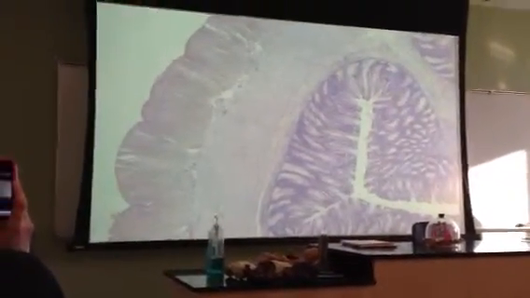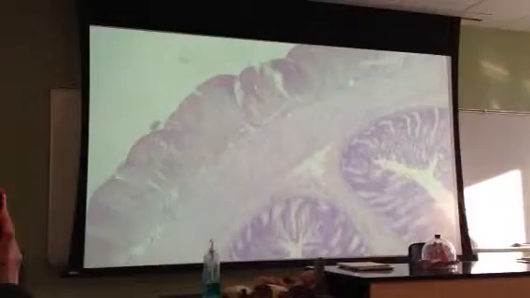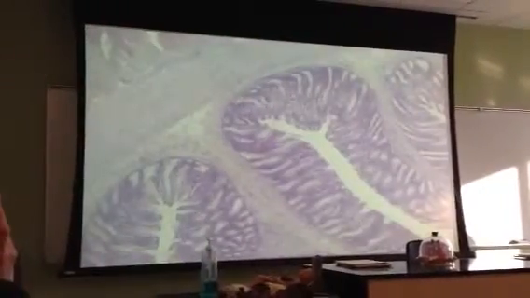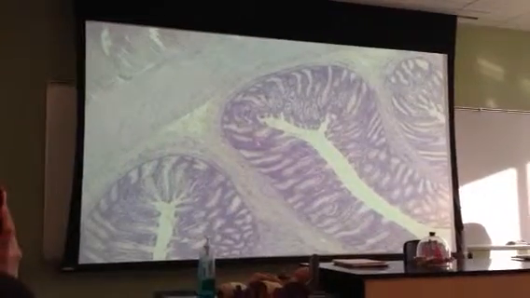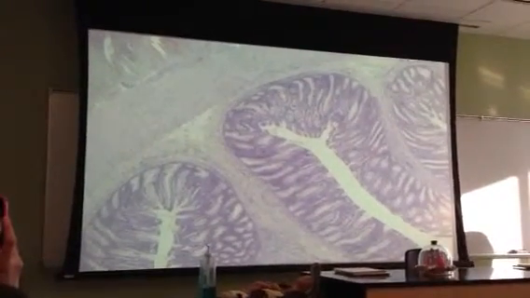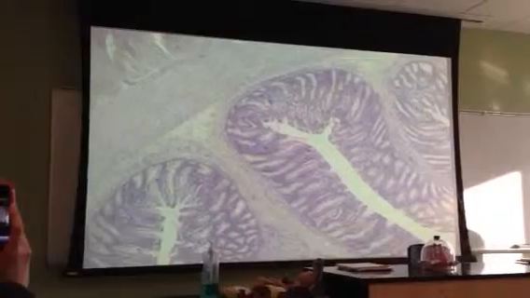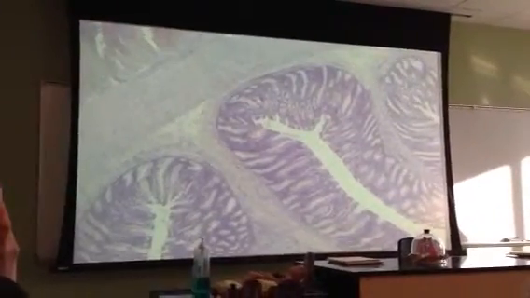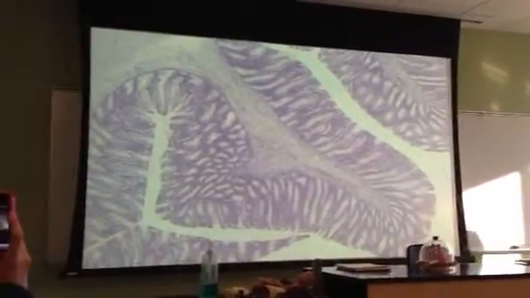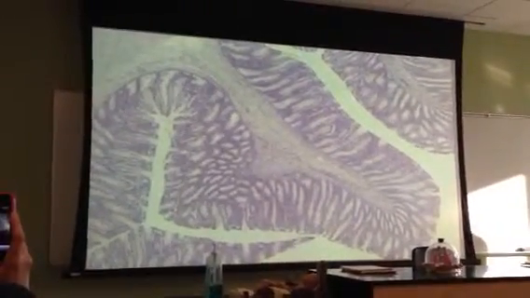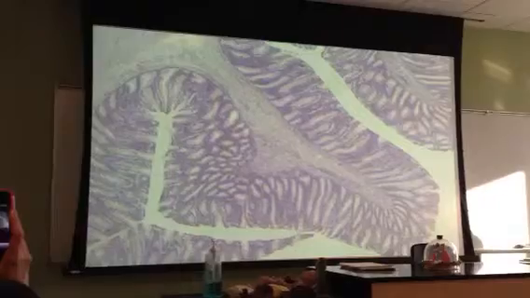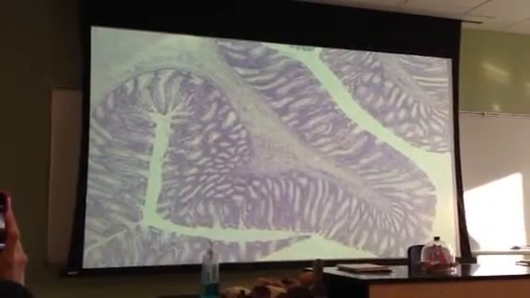Let's go here. Right. So here's lumen right here. And all this darker purple, that's the mucosa. And we know that the epithelium is lining the lumen.